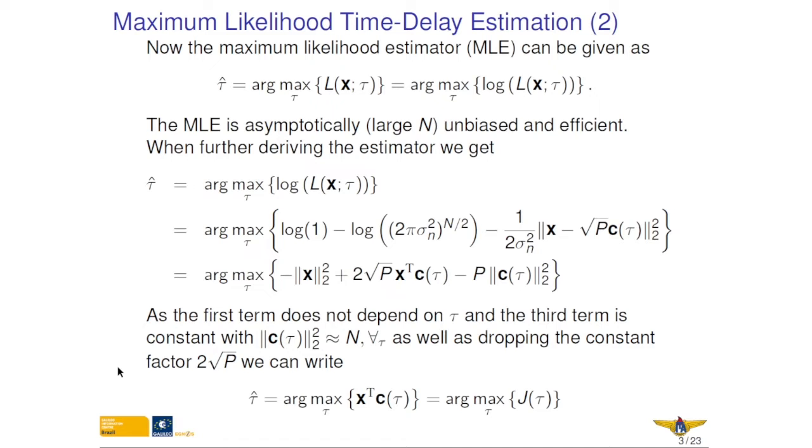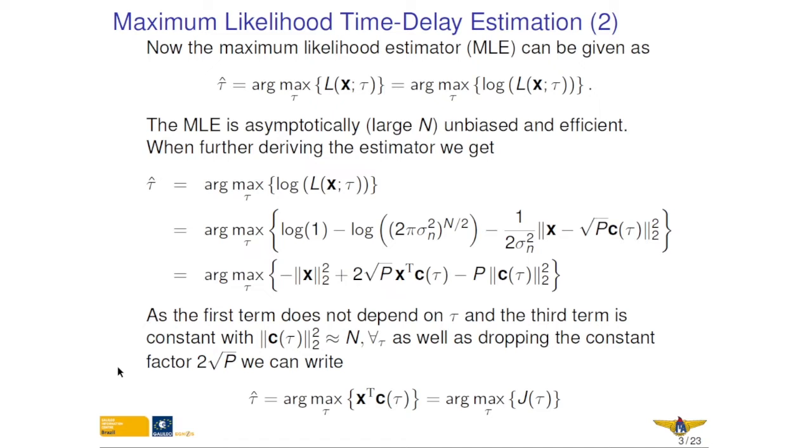And then we can expand the last term, which is done here. So we have the minus here. We can drop also this factor here because it doesn't influence the maximization or the estimation result of tau, because if we maximize a function multiplied by 1/(2 sigma_n squared), or we maximize the function, it's the same thing.